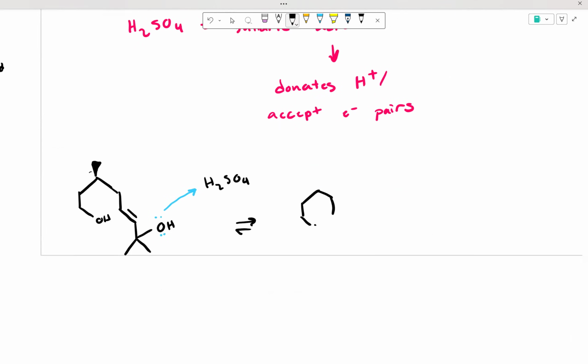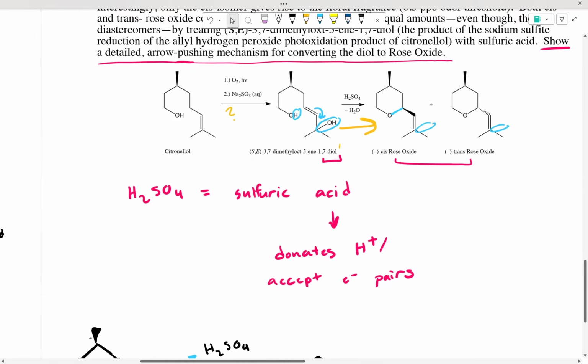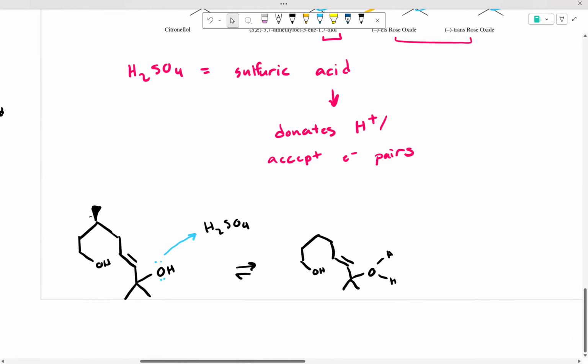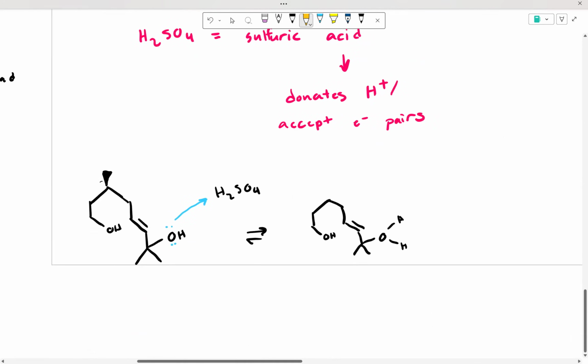And you could also argue that the alcohol takes hydrogen from the acid.